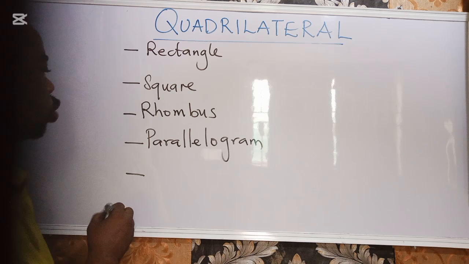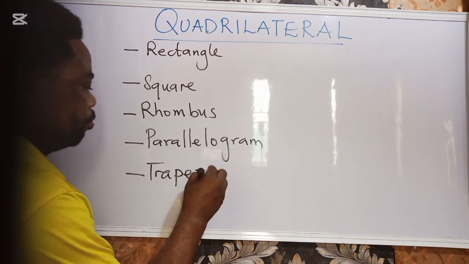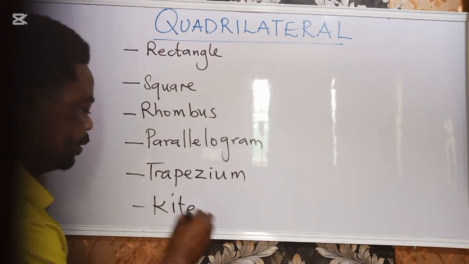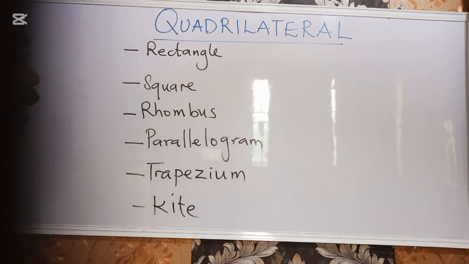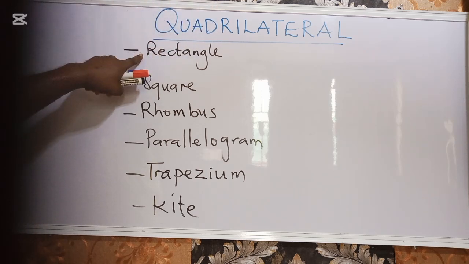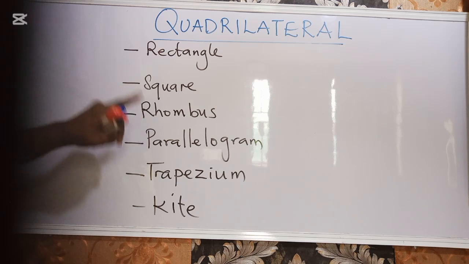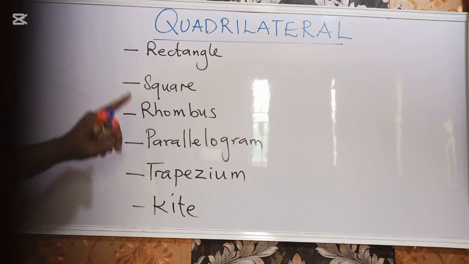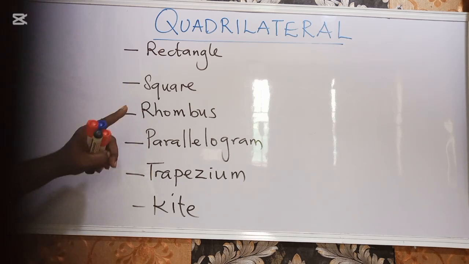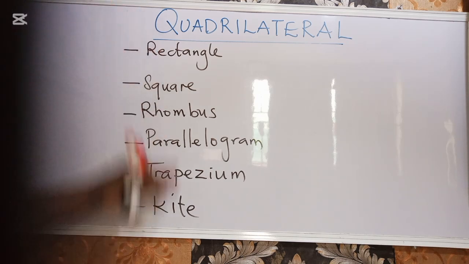The next should be trapezium, and the last, kite. Now, all these are examples of quadrilaterals. Rectangle is a quadrilateral. Rhombus is a quadrilateral. Parallelogram is a quadrilateral. Trapezium is a quadrilateral, and kite is a quadrilateral. So all these are quadrilaterals.